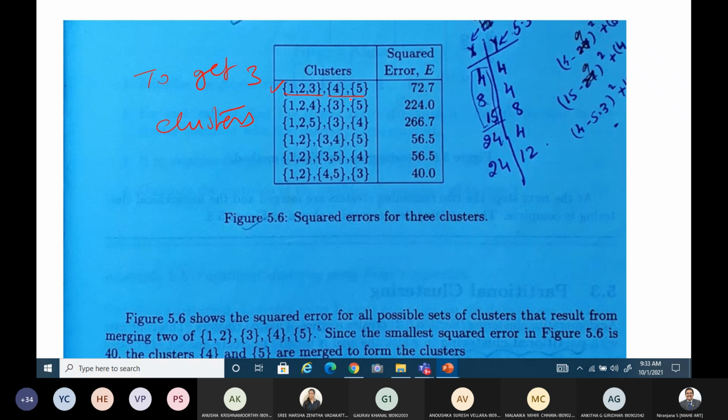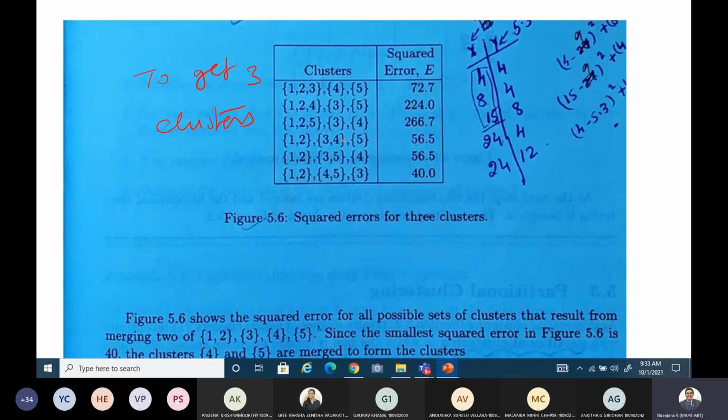The possibility of least square error decides the actual cluster combination you want. Initially you don't know which combination, so you may have to write all the possible combinations. So from 4 to 3 you will have around 6 combinations here.